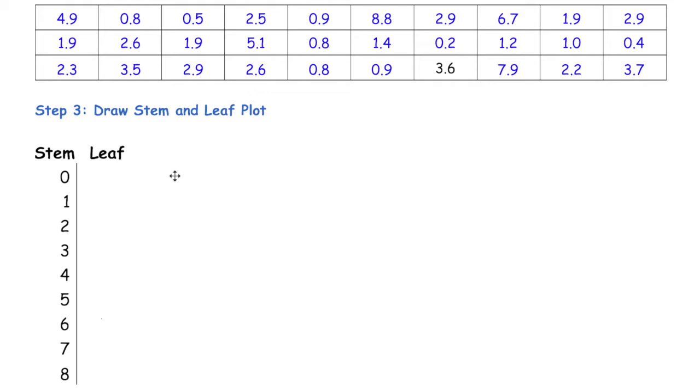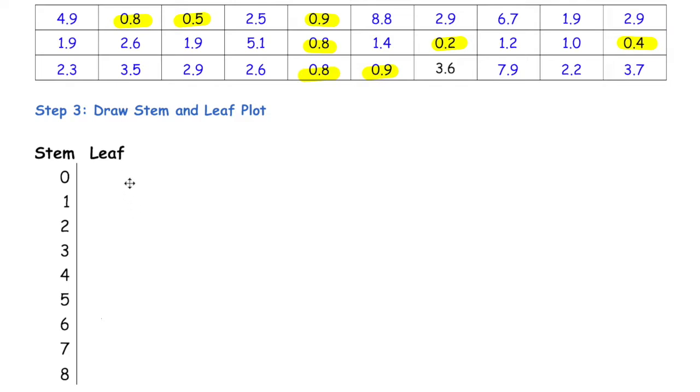As we place them on our display, I would recommend crossing them off. So for example, in the first stem for 0, the values that are going to show up are 0.2, 0.9, 0.8, another 0.8, another 0.9, 0.5, and this 0.8 right here. So every single value that has a stem of 0 is going to be displayed in the first row of our display.